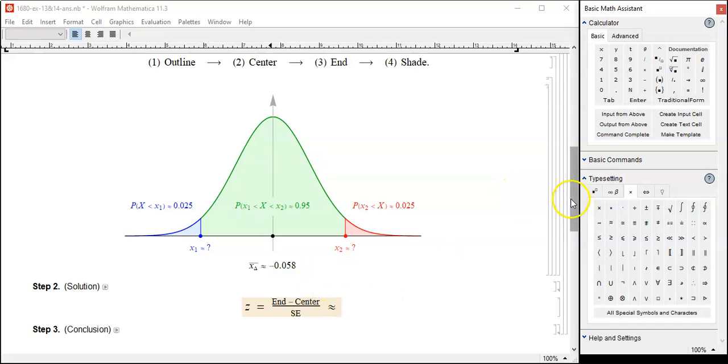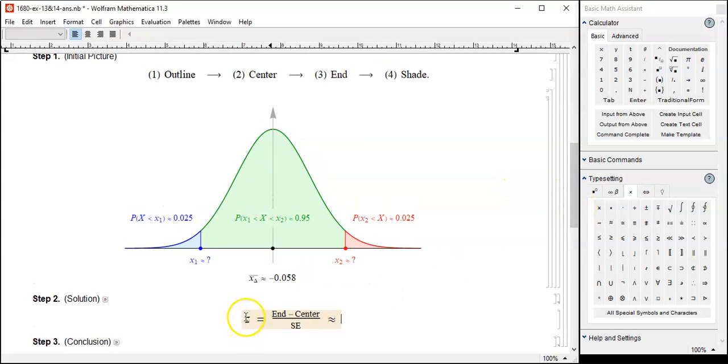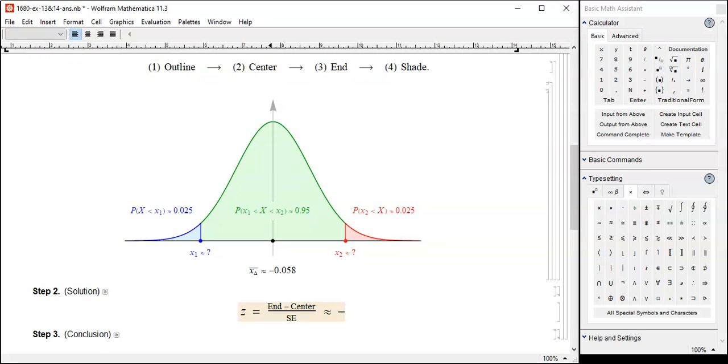And you need it for what? 95% confidence interval. So this z-score is going to be negative. Remember anybody? Negative 1.96 for this guy. Positive 1.96 for that guy over there.